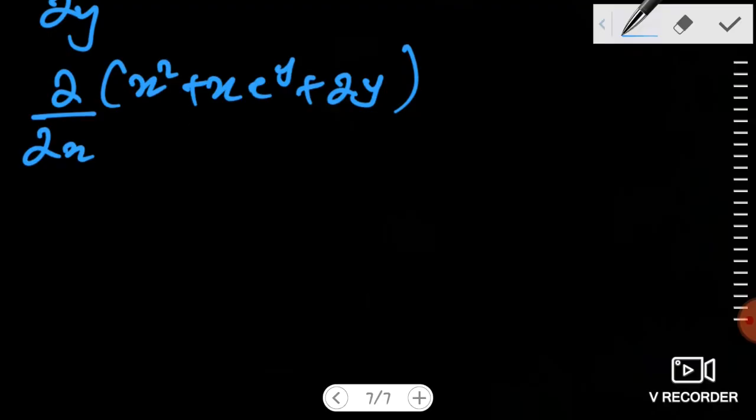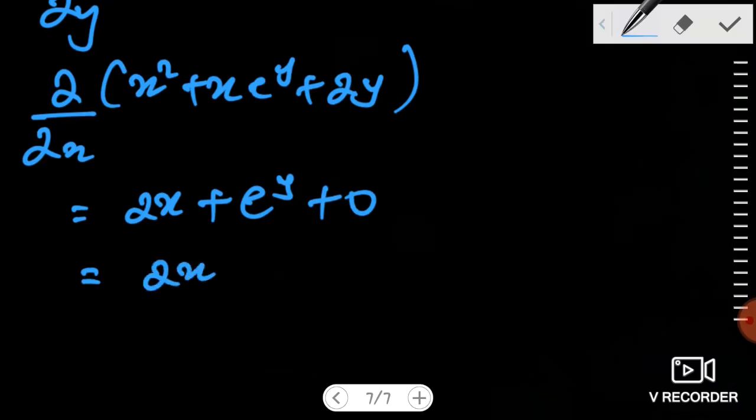And therefore, we are going to have 2x, and then plus, with respect to x, e^y, plus 0. Our overall derivative for this is going to be 2x plus e^y, right?